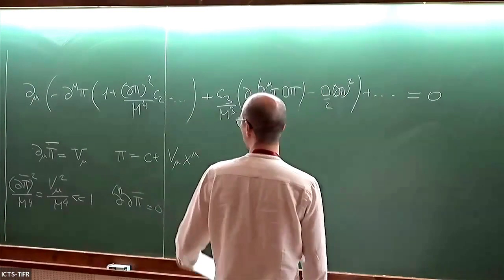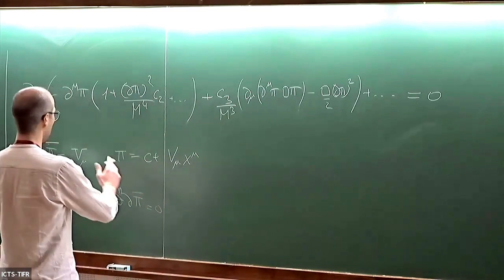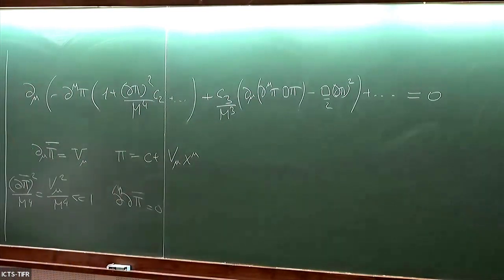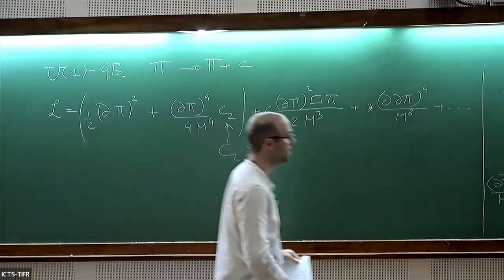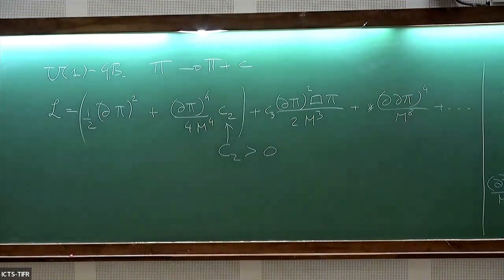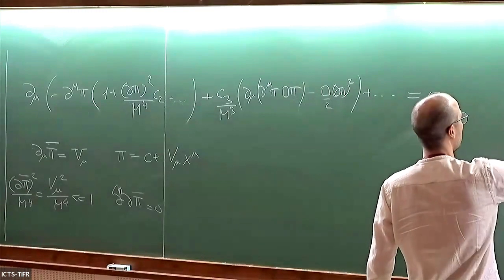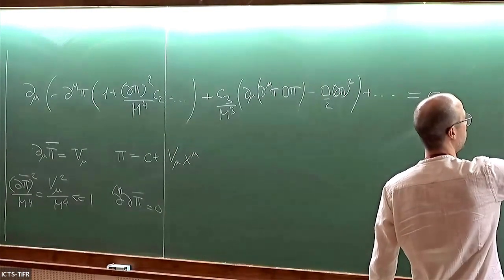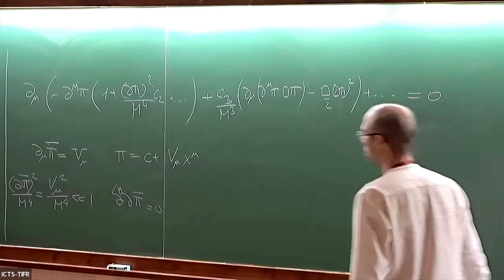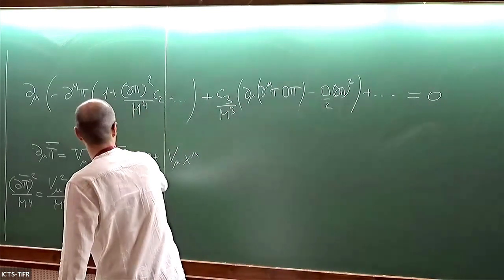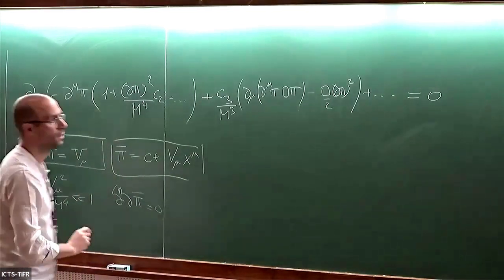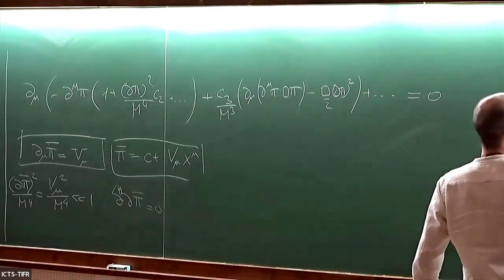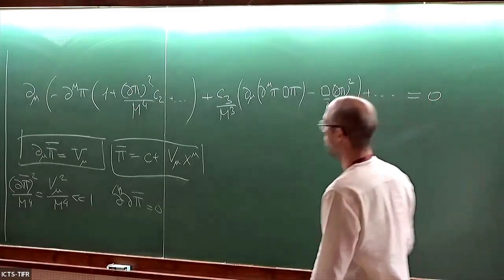Under this condition, we can truncate to the leading part of the interaction. So we're going to focus first on this part here and look at the solutions around the background. Now we look for π equal to the background solution, where π bar is this and ∂_μπ bar is this, plus a perturbation around the solution. So we plug the perturbation here.